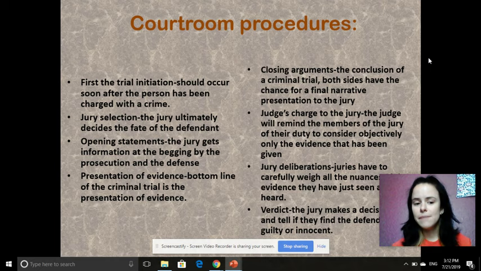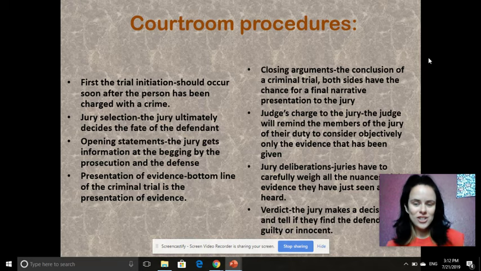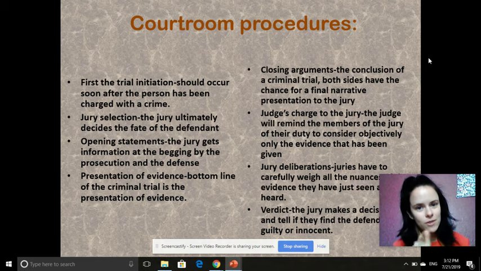The opening statements. A presentation of the evidence that is given. The closing arguments. The judge would turn to the jury and say, this is your responsibility. You decide the fate of this person.